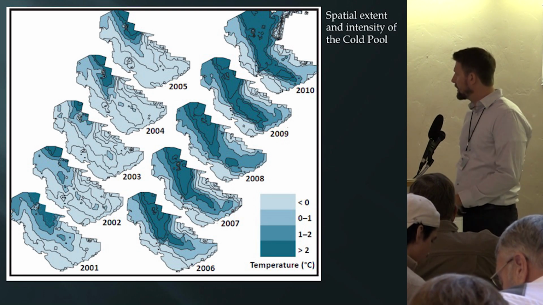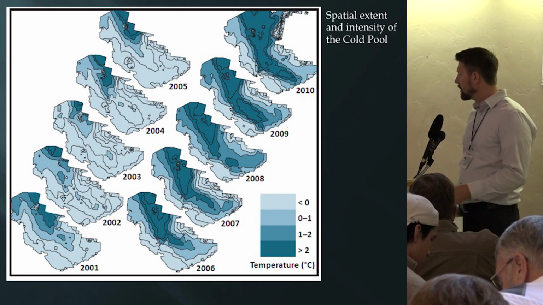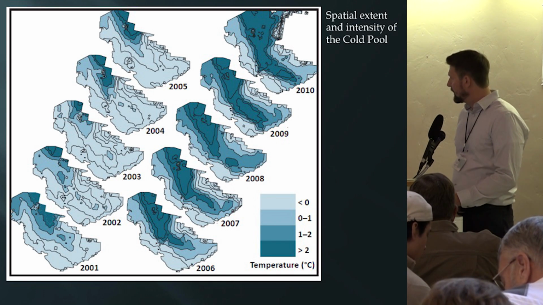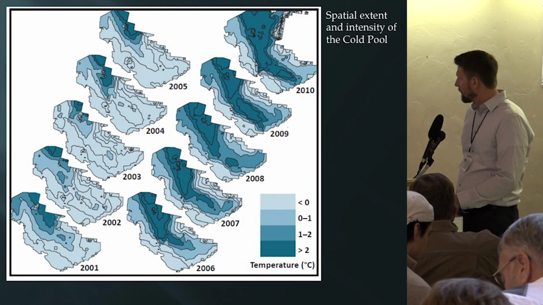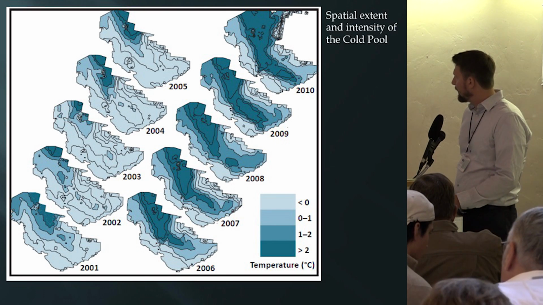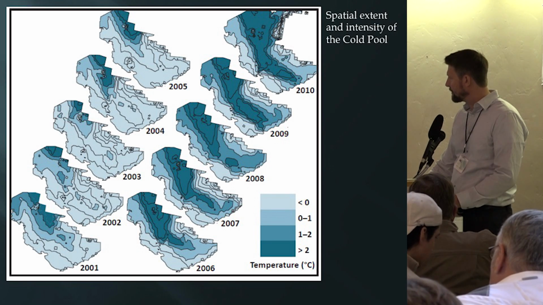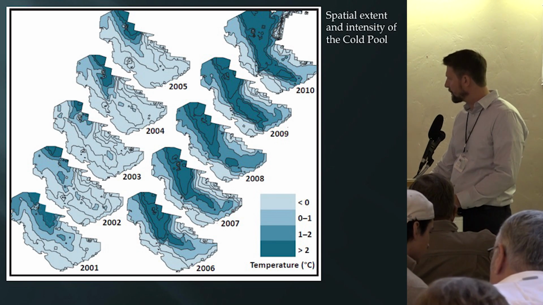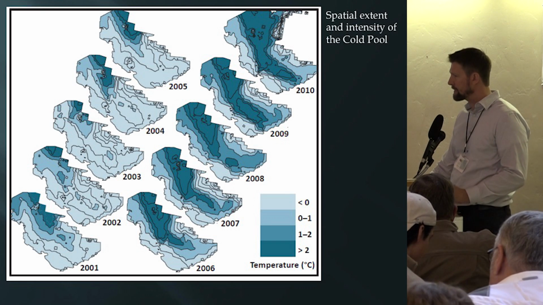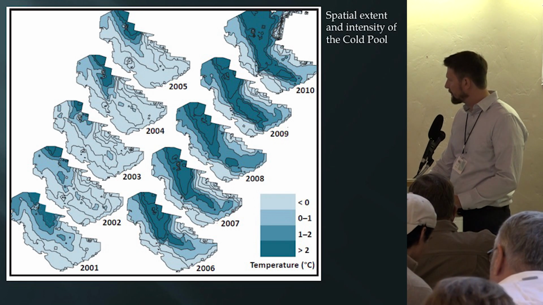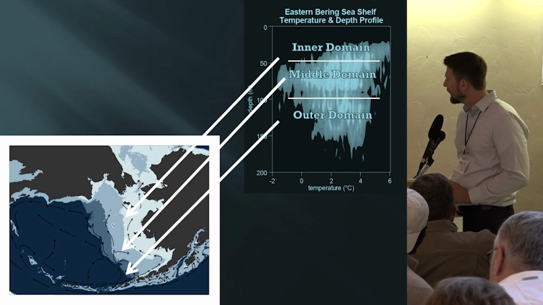This is waters defined as either less than 0 or alternatively less than 2 degrees centigrade. And you see that cold pool extent changes pretty dramatically in warm versus cold phases and year to year as well. And that has some effects over where certain fish are found.